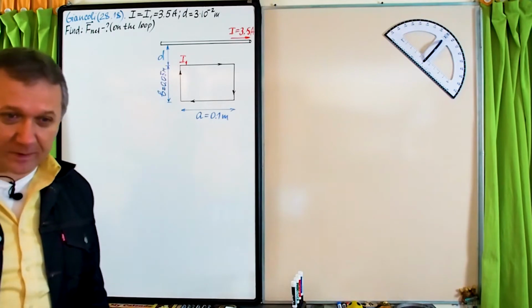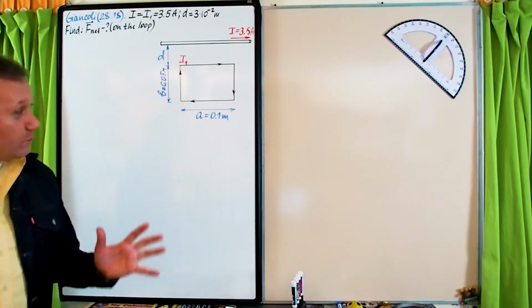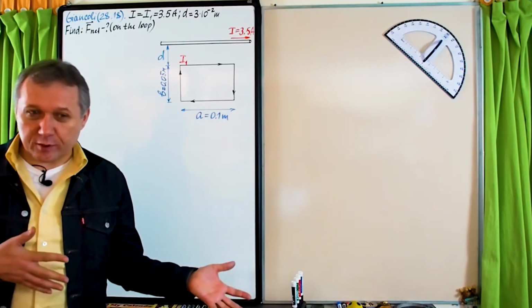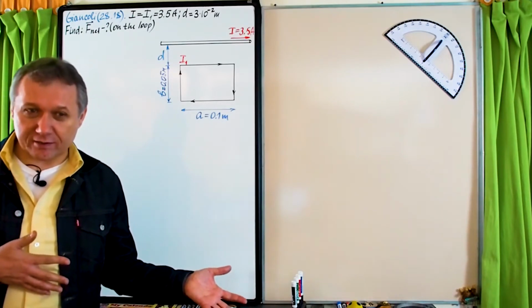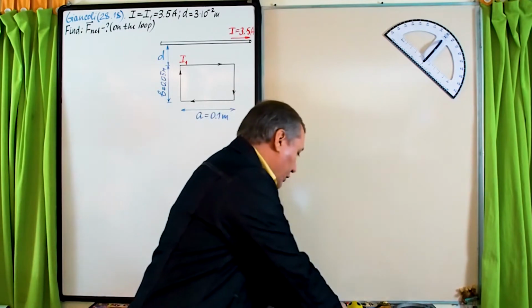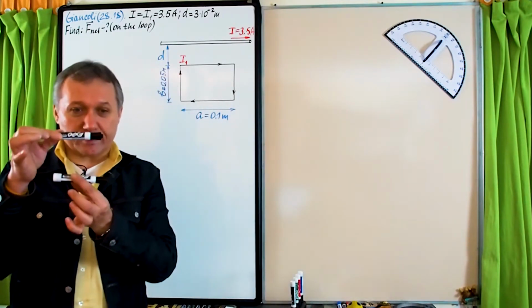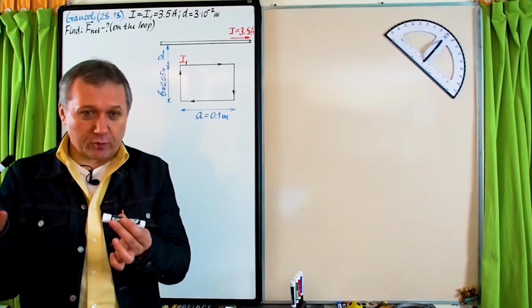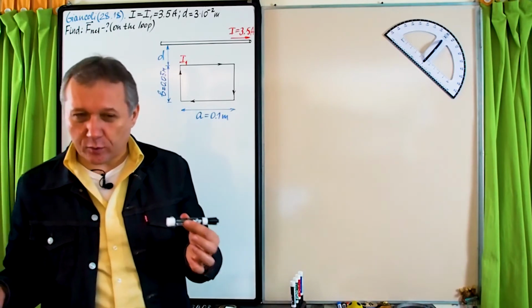So this problem is ideologically very similar to the problems which we discussed in the previous recitation class. You remember, we had first two wires, and we found the force acting on one of those wires. And you remember how we treated those problems.